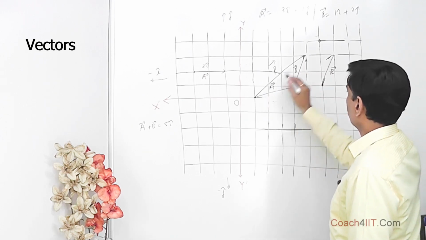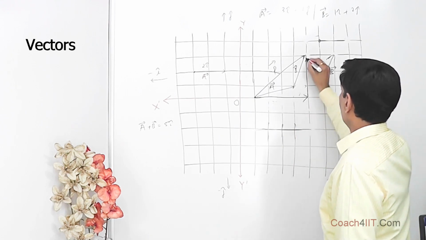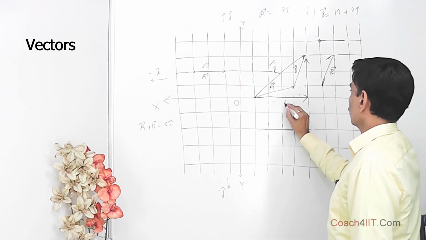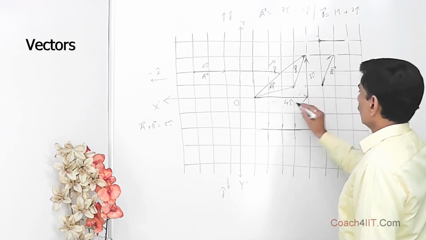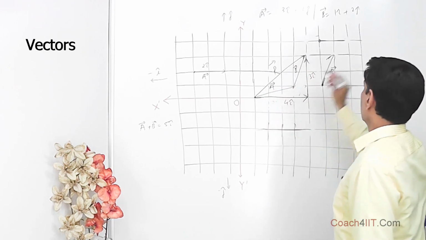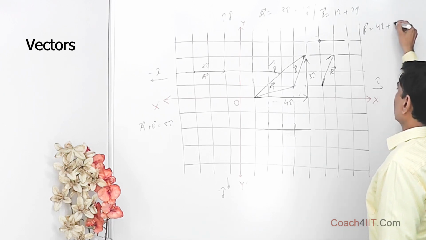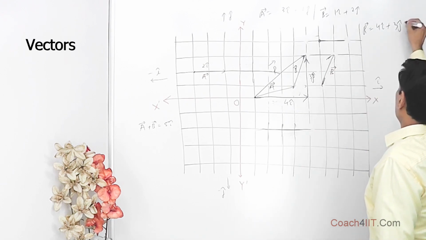That is, if we have to go from here to here, first we can go from here to here and then from here to here. So what is this? This is 1, 2, 3, 4, so this is 4i cap, and this is 1, 2, 3, so 3j cap. So the resultant vector is going to be 4i cap plus 3j cap.